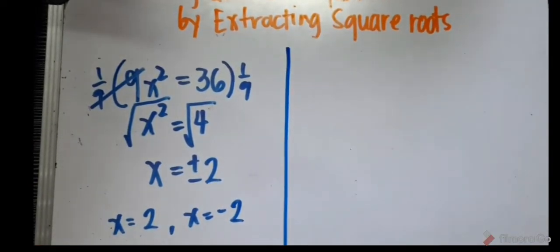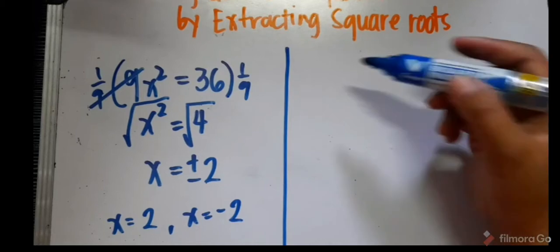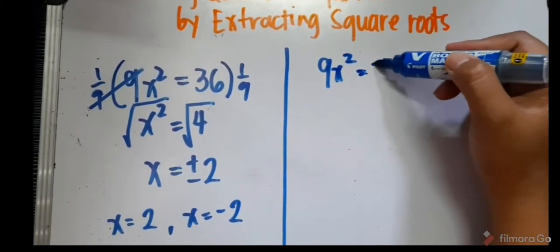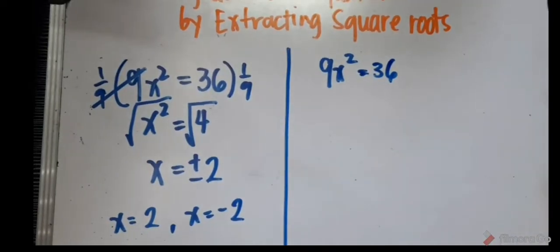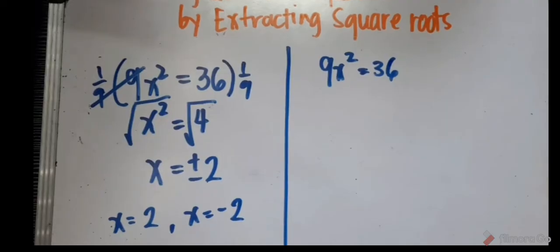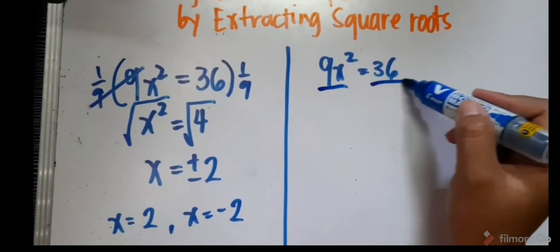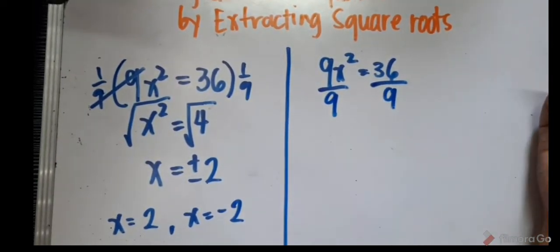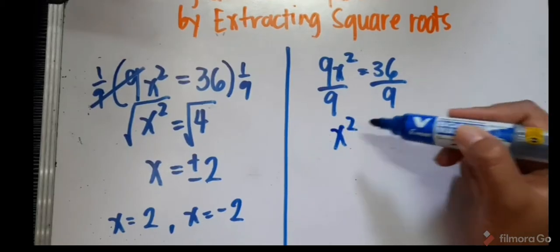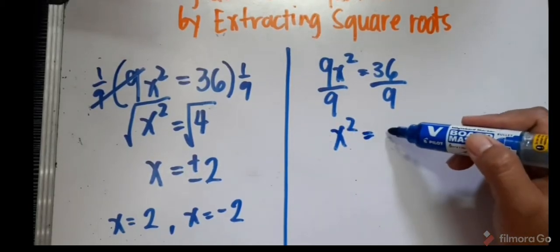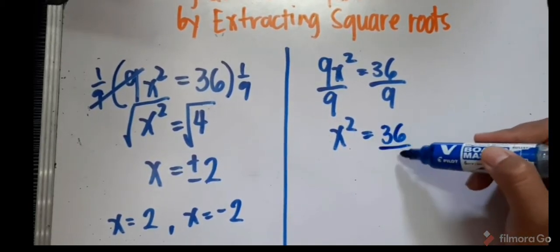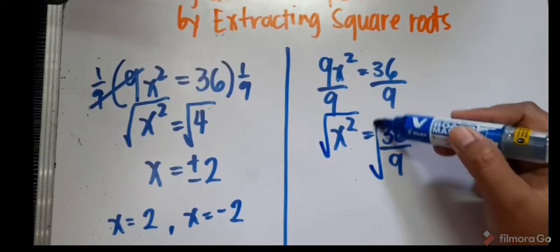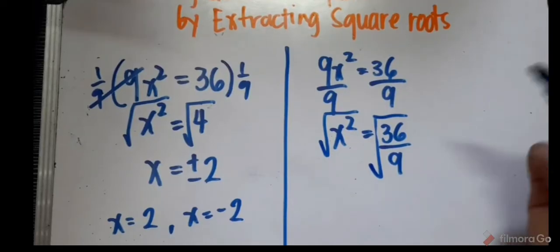We can also use another way to solve this. Again, our given is 9x squared is equal to 36. We may divide both sides by 9. So what do we have left? x squared is equal to 36 over 9. And then that's the time that we use the extracting of roots.